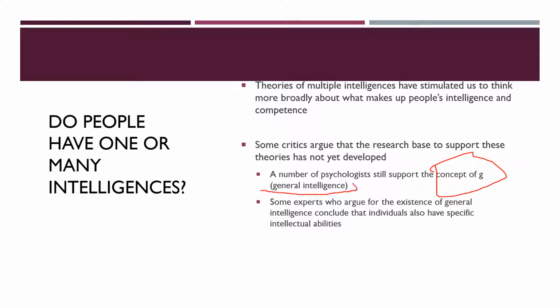This idea of g, the general intelligence, essentially states that we have a foundational level of intelligence, and from that foundational base, specific abilities flow. And so, outlining these abilities that people have in these multiple intelligences, it might make more sense to think about those as abilities, but to still talk about this g or underlying level of general intelligence.